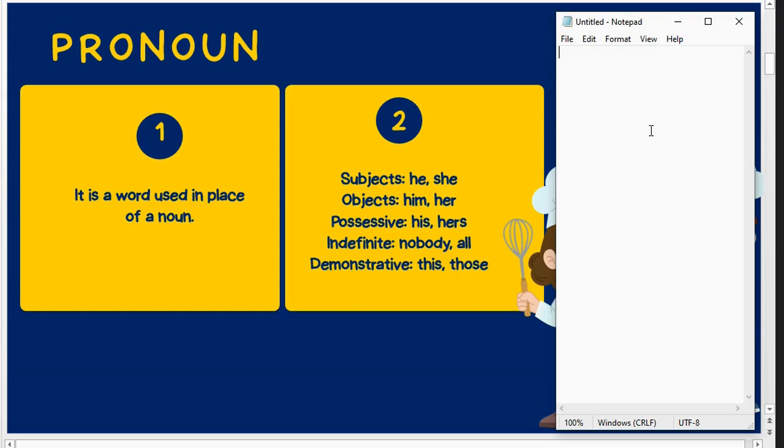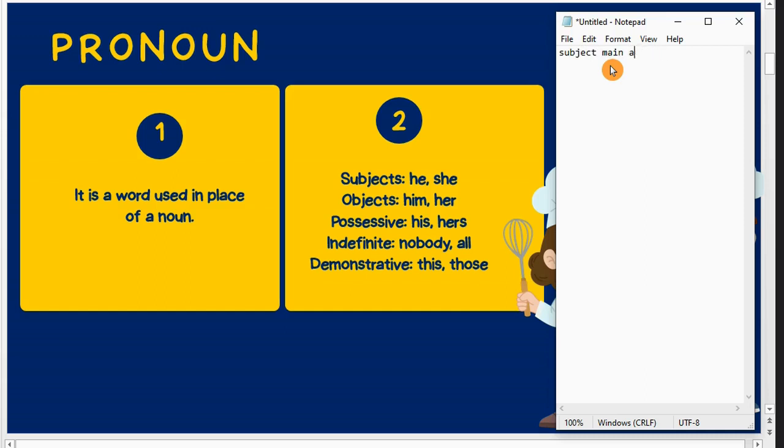On the other hand, I will tell you about subject, object, possessive, indefinite, and demonstrative pronouns. If I talk about subject, the subject is always the main action.